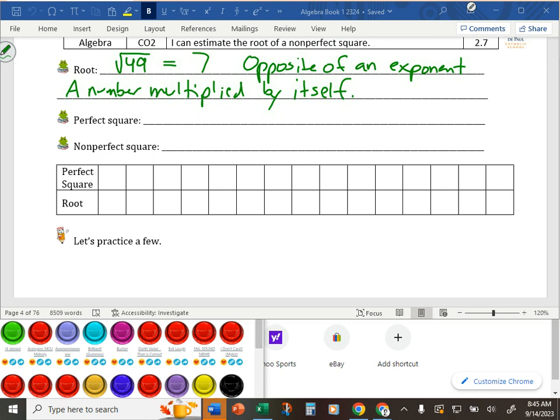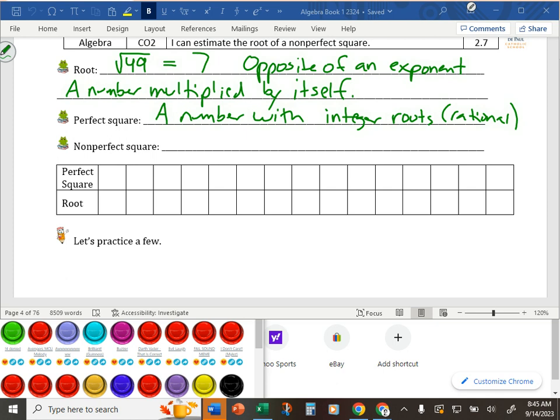Okay? And a perfect square is a number with integer roots, which are rational. 49 is a perfect square because its root is an integer, 7, and therefore root 49 is a rational number.